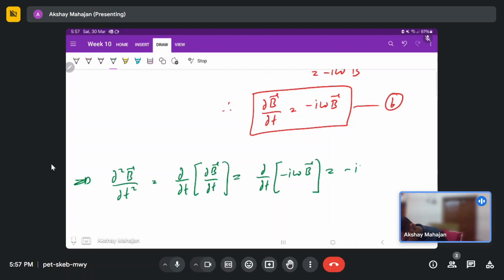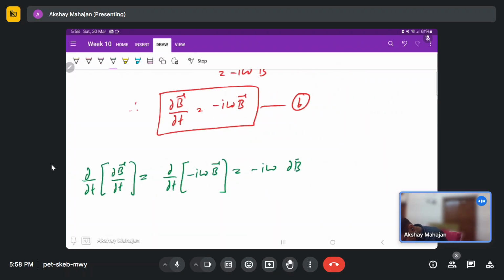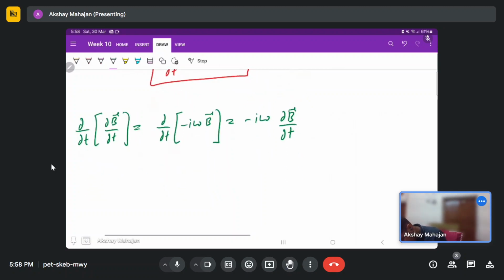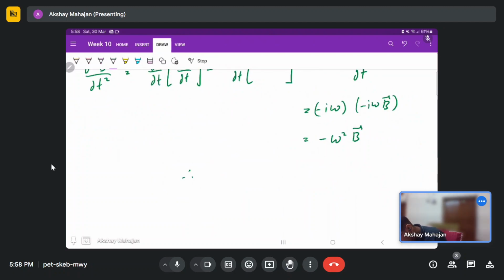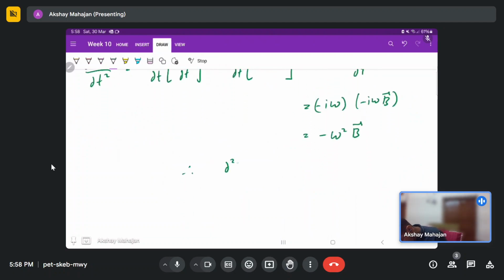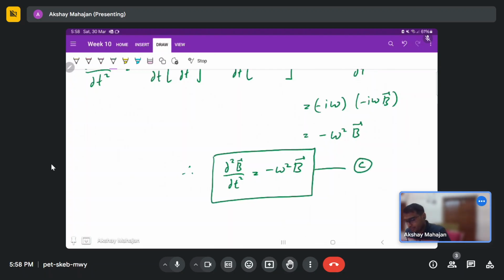Take the constant out, we have del b vector by del t, which we already found, so that will be equal to minus iota omega times minus iota omega b vector. So iota square is minus 1, we get minus omega square b vector. Therefore del square b vector by del t square will be equal to minus omega square times b vector. Okay, so this will be our equation number C.